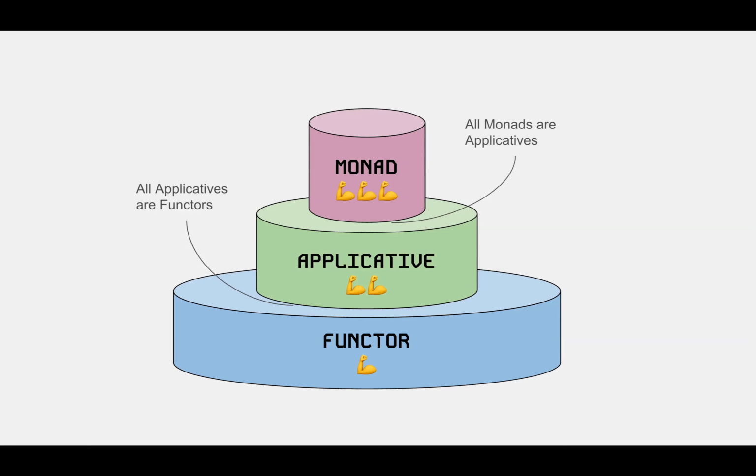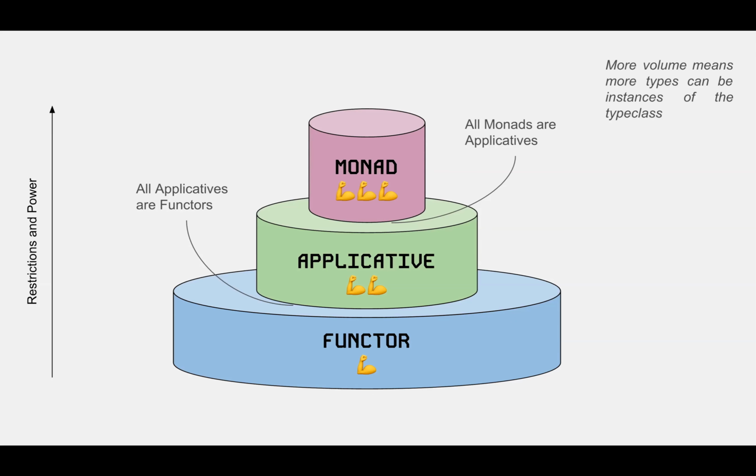So all monads are applicatives. Now, the volume of the cylinders matters because the volume means that more types can be instances of this type class. So you can see that more types can become functor, a subset of those can become an applicative, and a smaller subset of those can become a monad.